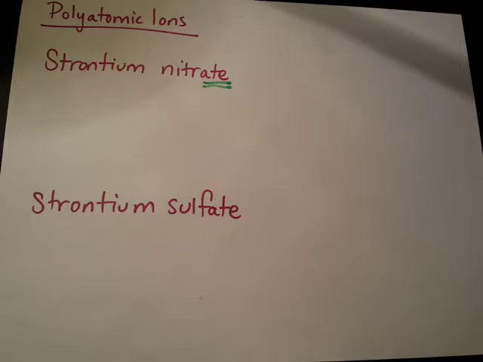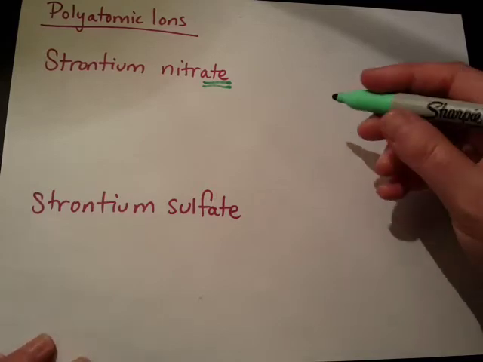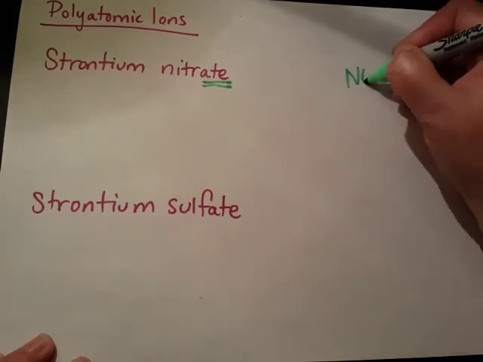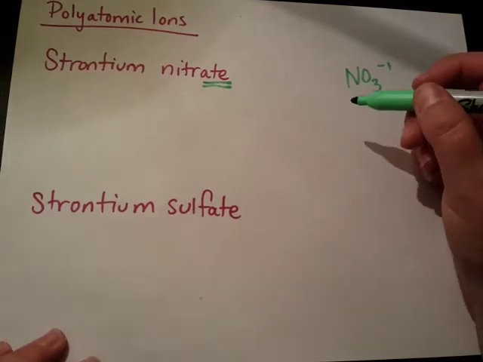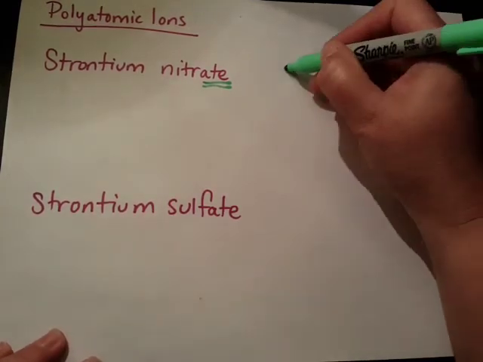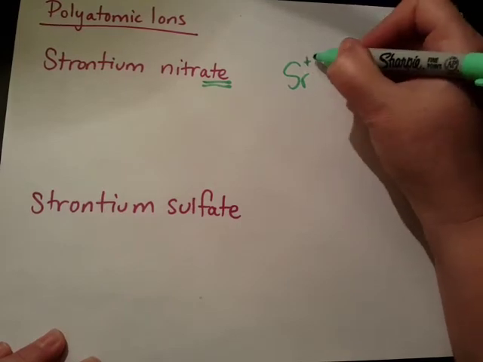So this is nitrate. And when we look on our appendix G and H, we'll see NO3 and a -1. Strontium is found in group 2, so Sr, and that's going to be a +2.